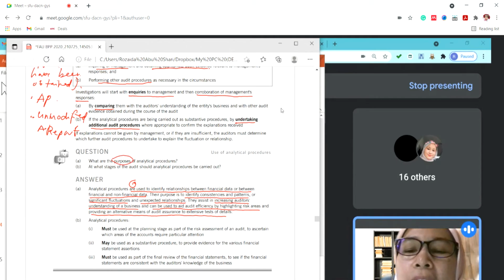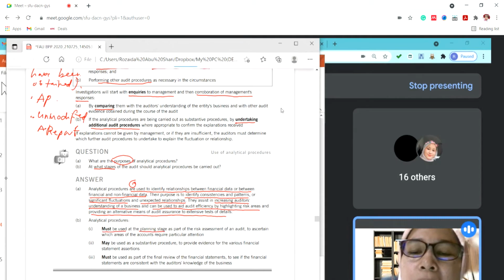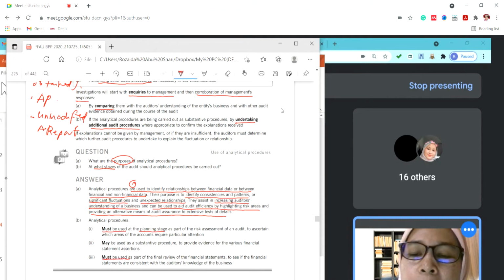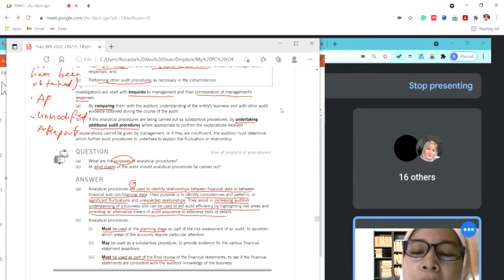At what stages of the audit should analytical procedures be carried out? They must be performed at the planning stage, must be performed at the final review, and may be used as substantive procedures. You have to state the objective.